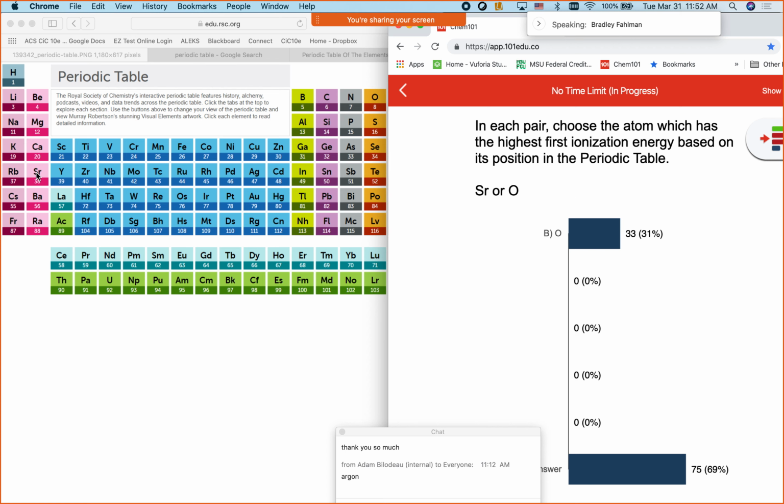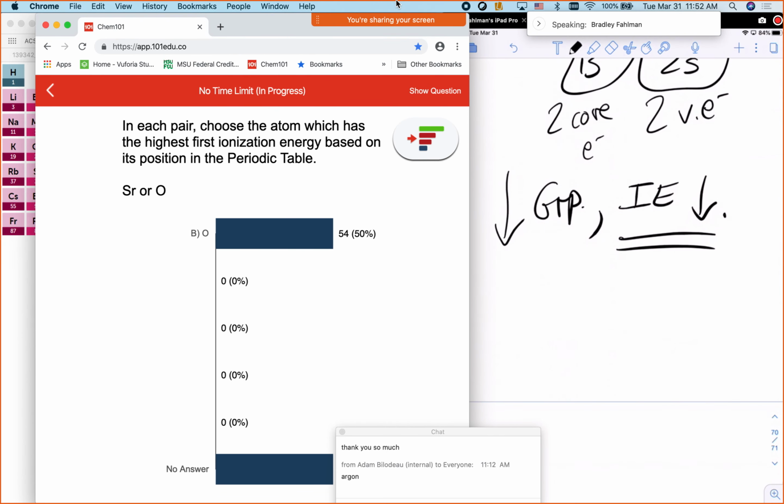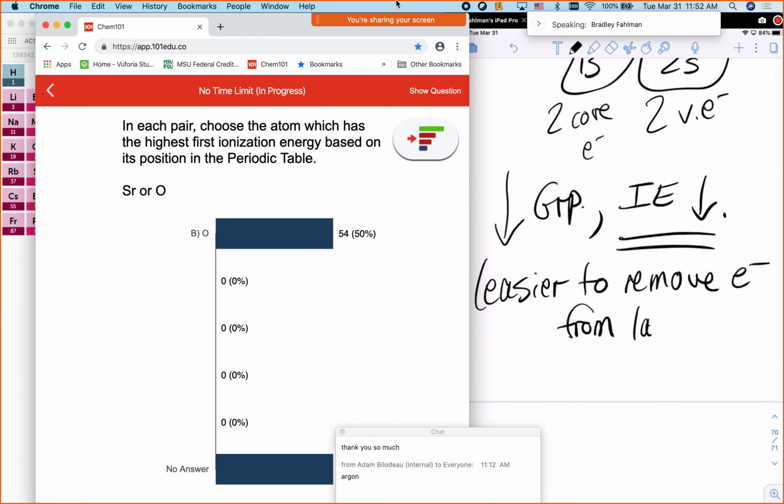Strontium is going to have a very low ionization energy because as you go left to right it's going to be higher, and as you go down a group, the ionization energy will decrease. That means it's easier to remove electrons, so it's easier to remove electrons from larger orbitals.